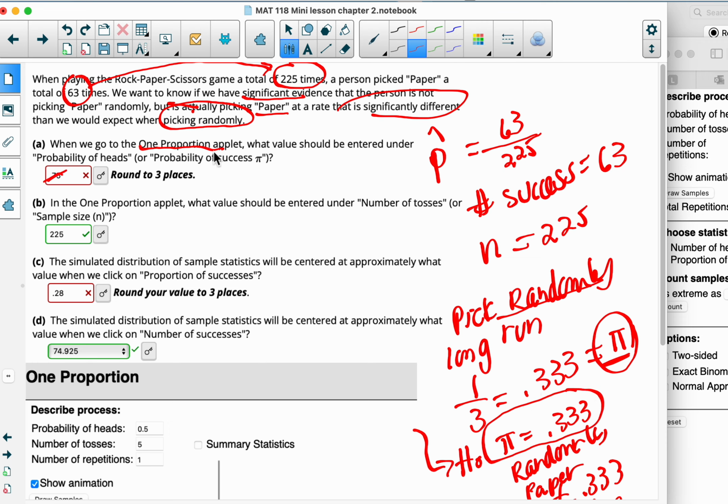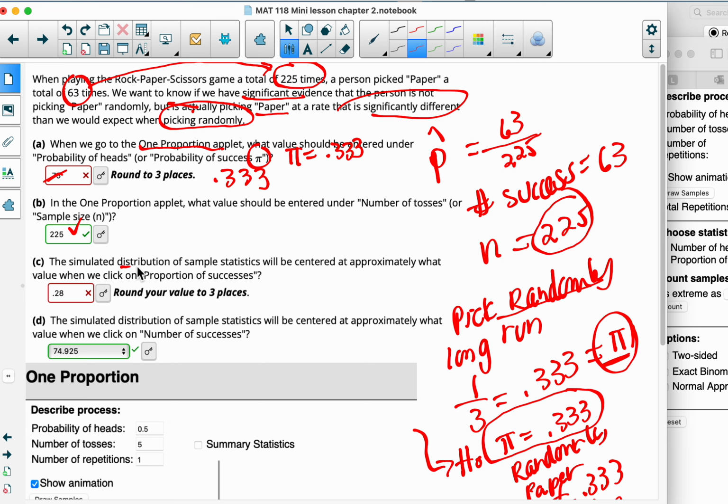So I would put in here pi equals 0.333. And then our number of tosses, we're always going to match our actual observed sample size.